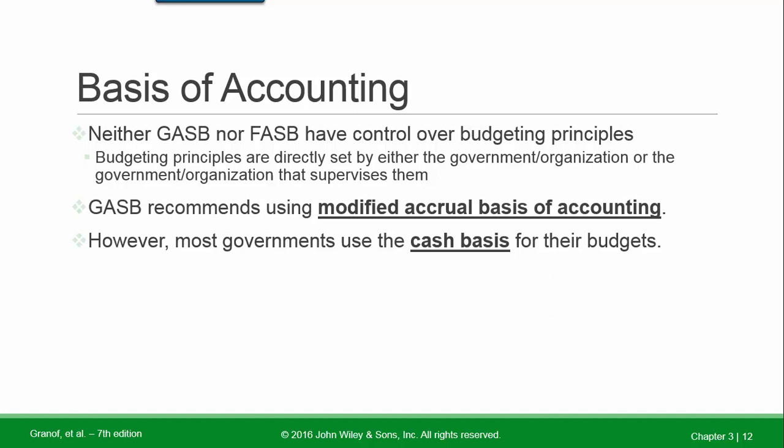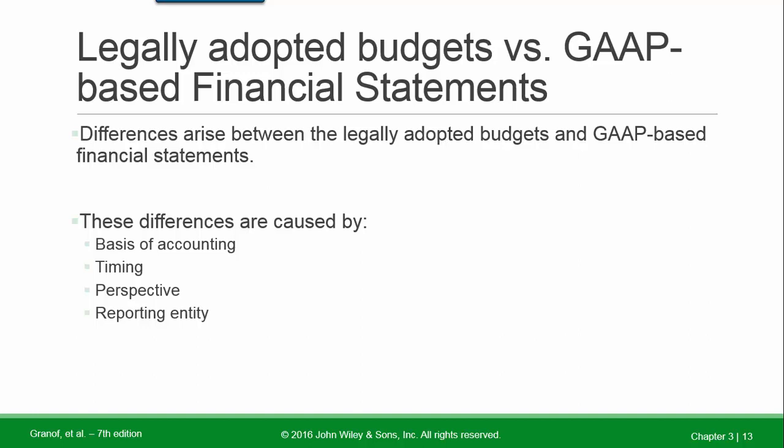If it's a governmental fund, the accounting principle that's required requires modified accrual basis of accounting. Legally adopted budgets versus GAAP-based financial statements. This is what I was alluding to in the previous slide.